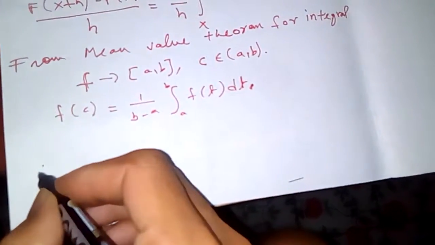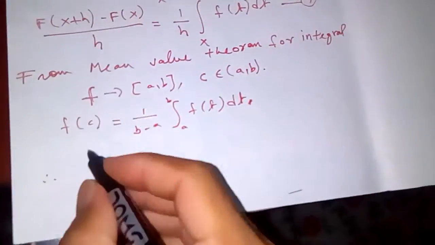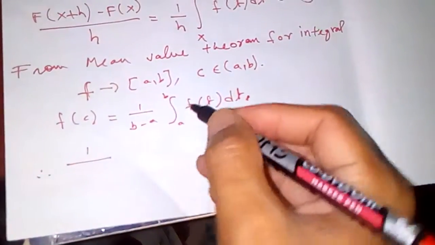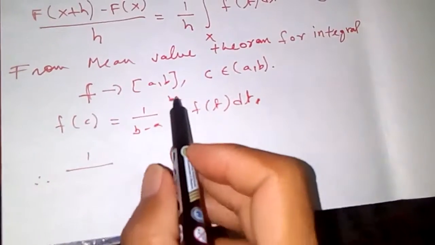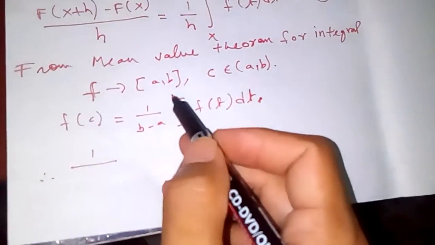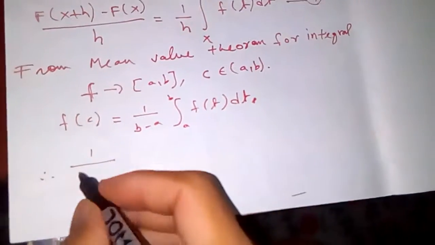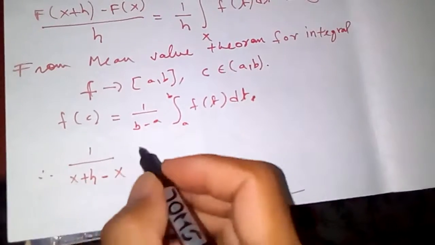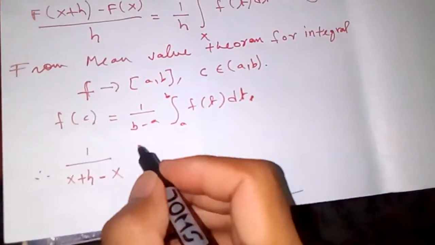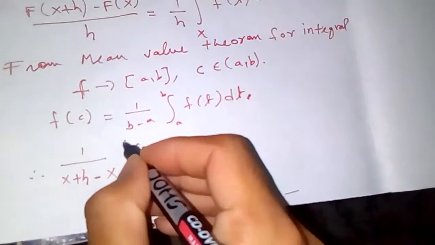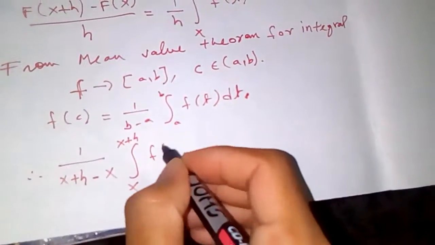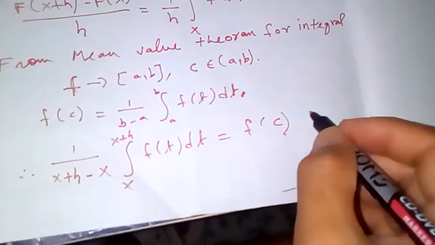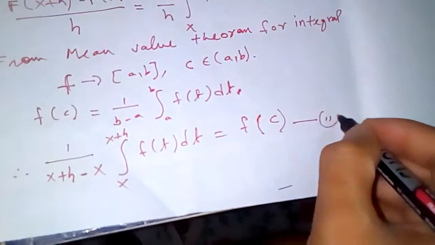So therefore, from this, the right-hand side 1 over h I can write as follows. The mean value theorem says that from a to b, we start with b minus a, that means upper limit first. So upper limit x plus h minus lower limit x, which is h, gives 1 over h times the integral from x to x plus h of f of t dt, and this is the same as f of c.